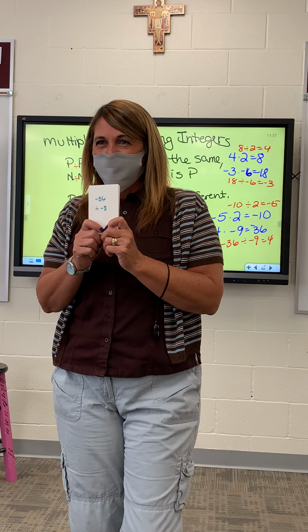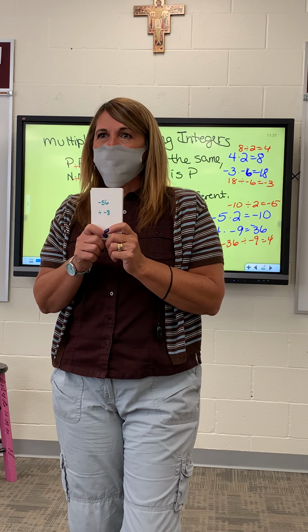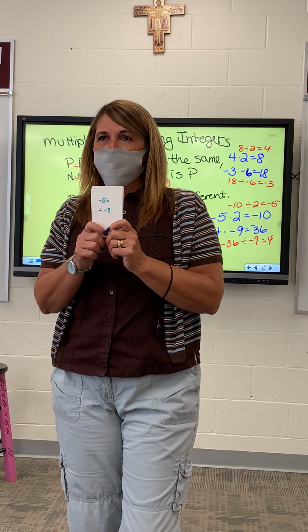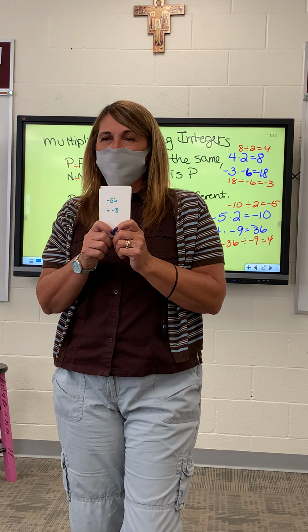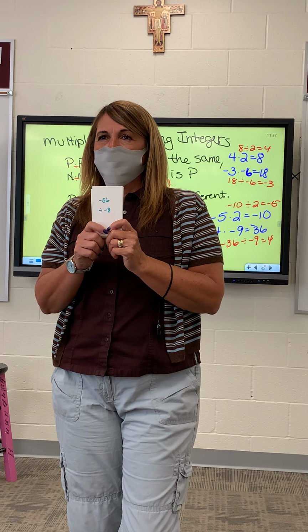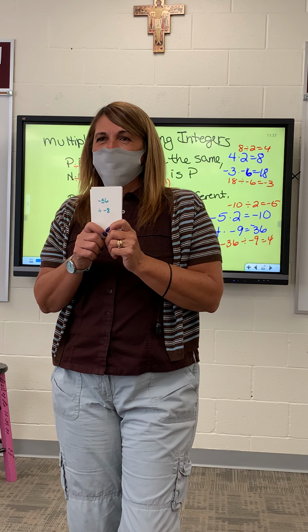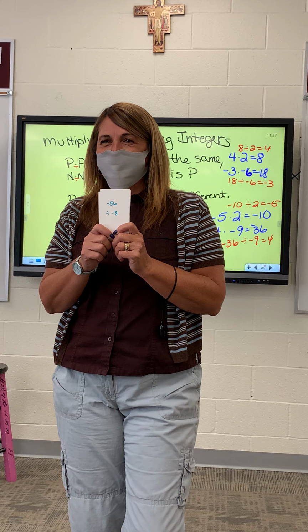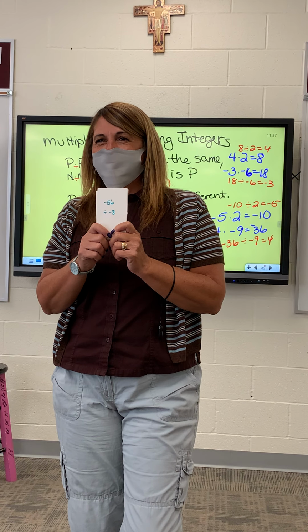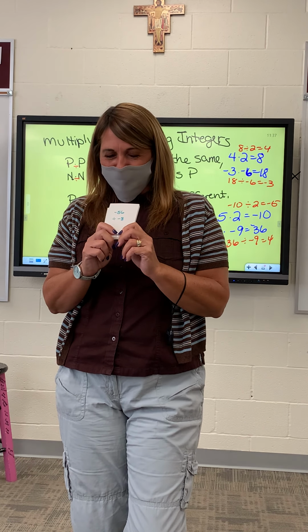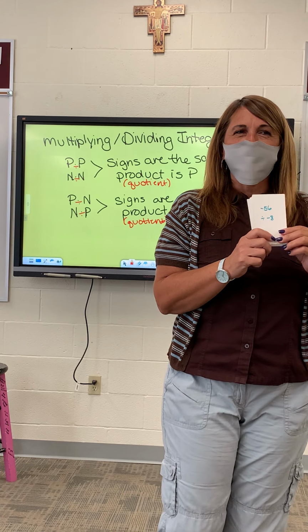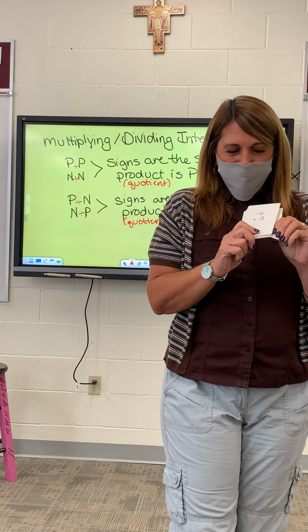They're the same, so it's gonna be positive. See those dreaded multiplication tables. Is it 7? It is 7. 56 divided by 8 is 7. Negative divided by negative is positive, so the answer is 7.